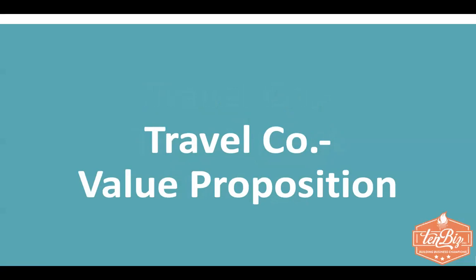They have decided that their value proposition now is all-inclusive travel packages, their ability to customize, and then these add-on services that they provide, including things like travel insurance, pickup service, travel to and from airports, that sort of thing.